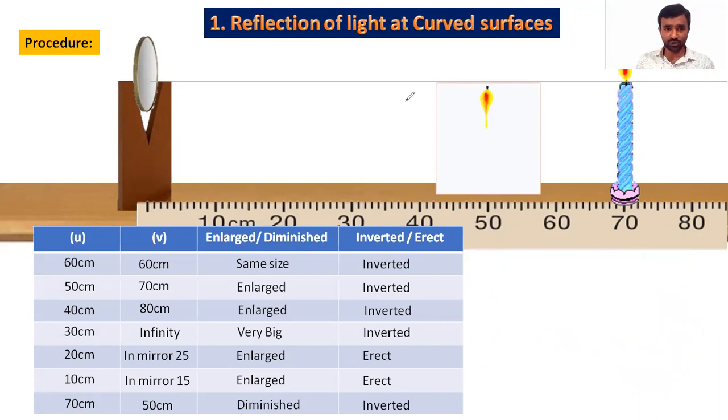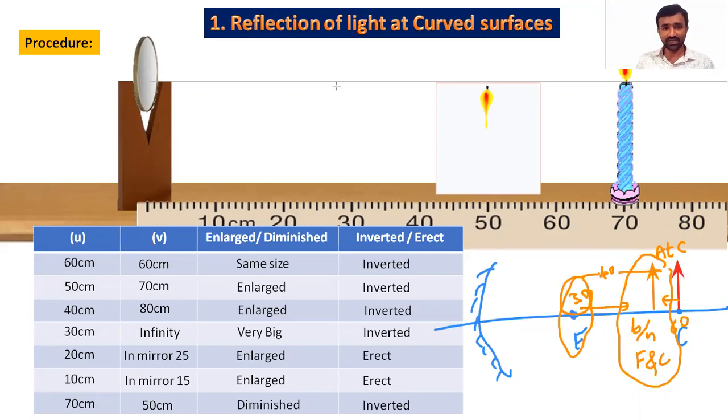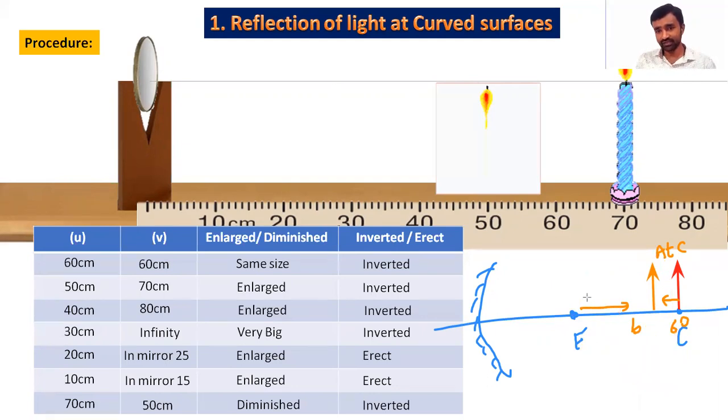What is the next position? Here I placed the object. I'm clearing this. Just a second. Right. Now the object is placed at 30 centimeters.